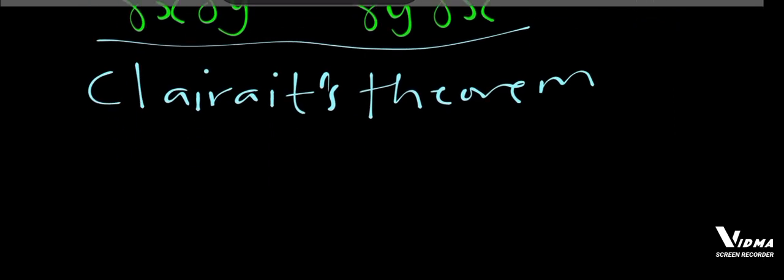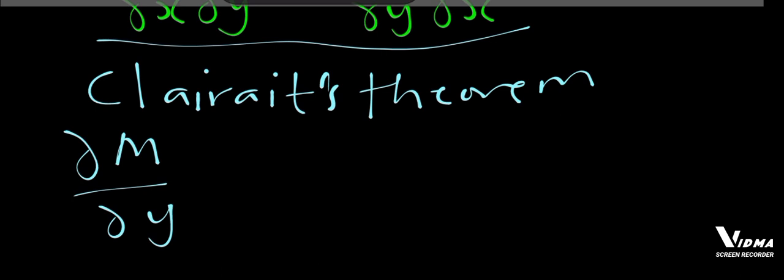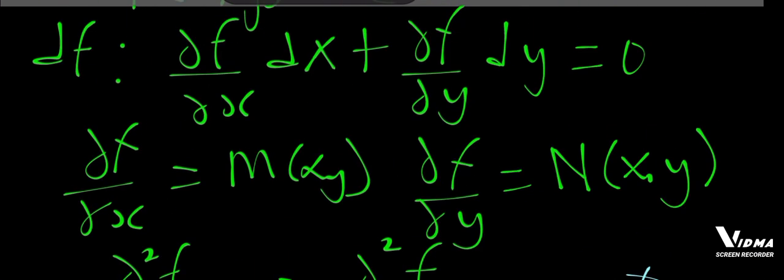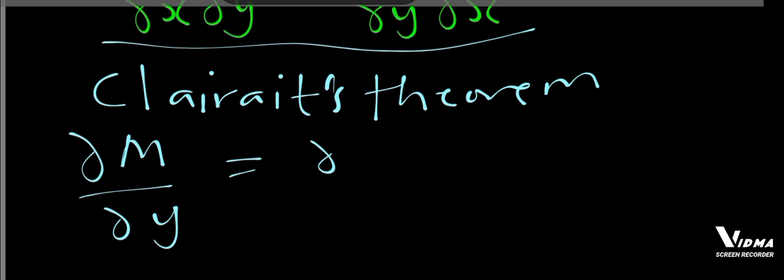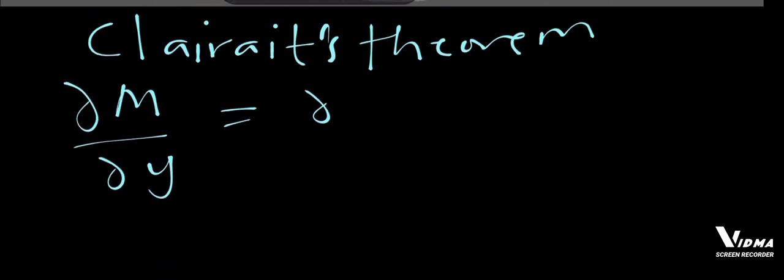if I find the partial derivative of my M with respect to y, it must be equal to the partial derivative of my N with respect to x.